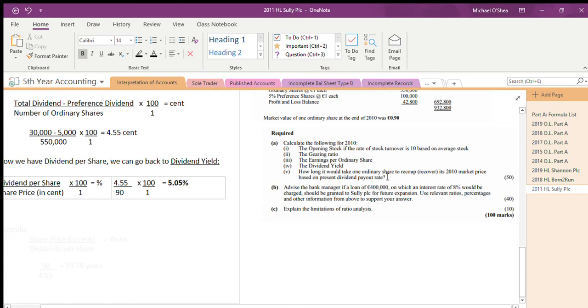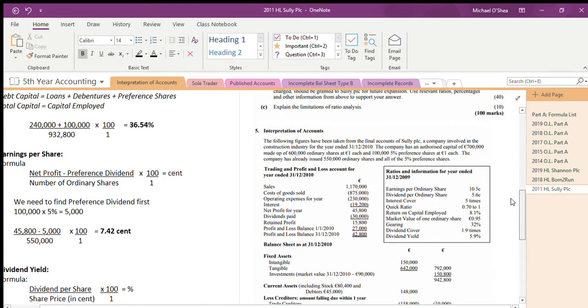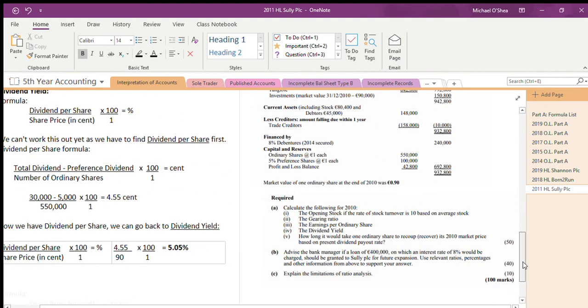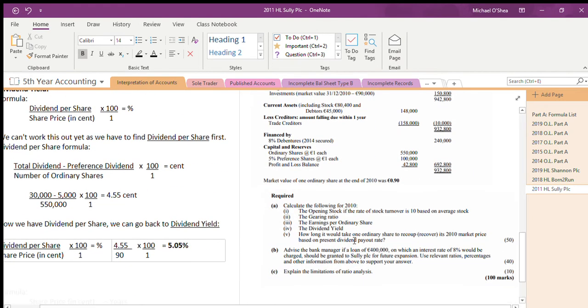So how long will it take one ordinary share to recoup its 2010 market price? 2010 is the year that we're currently dealing with. This is for the current year we're looking at. So how long will it take one share to recuperate its 2010 market price based on present dividend payout rate? How long will it take my dividends to get me enough money to pay off the one share I get?